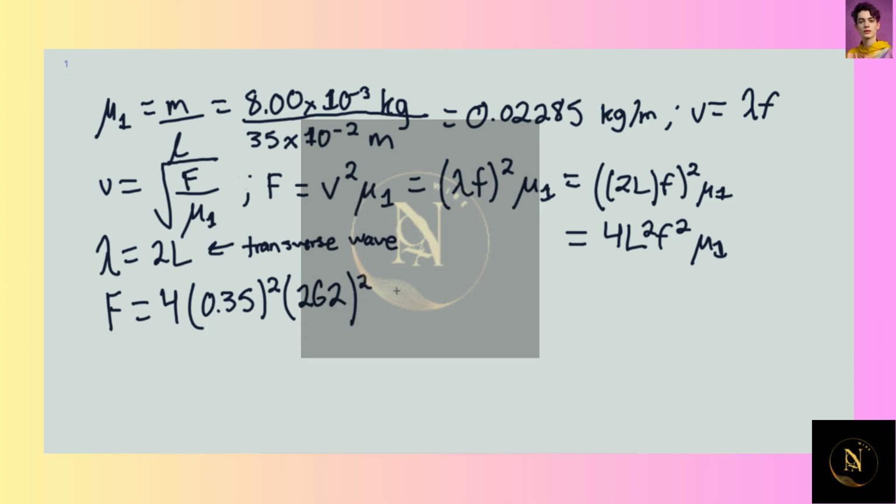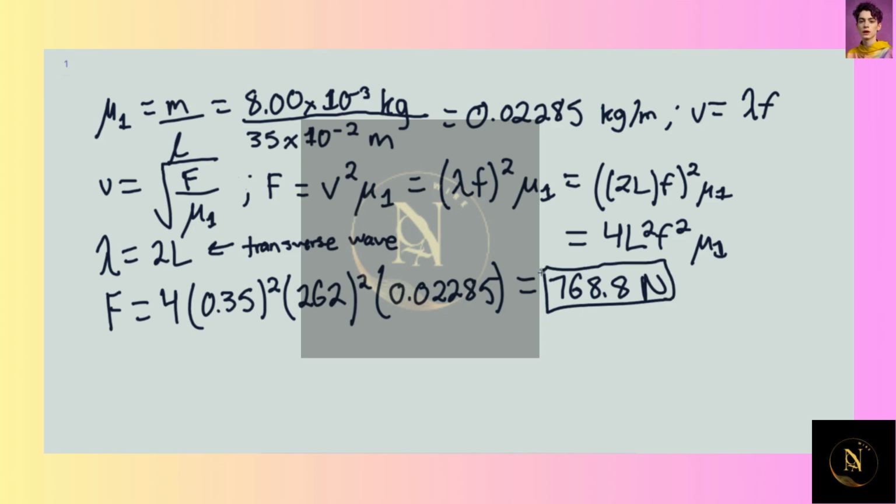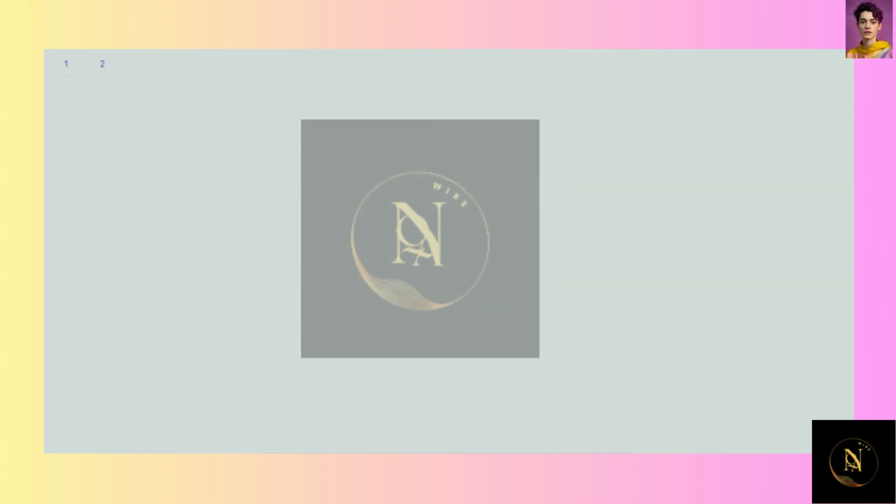We're going to square this, and then we plug in the linear density that we found, 0.02285, and then we can plug this into any calculator, and we have a force tension of 768.8 newtons.